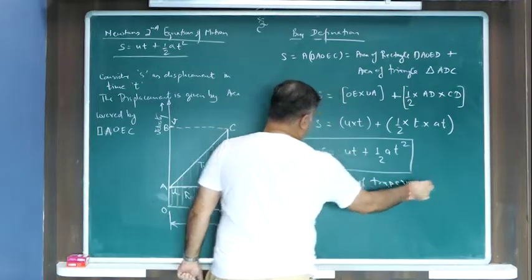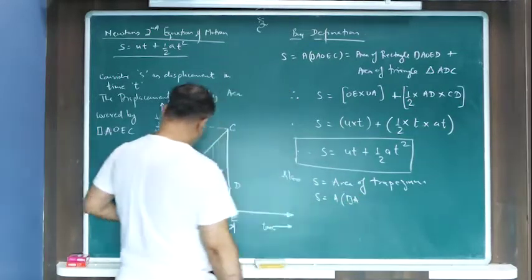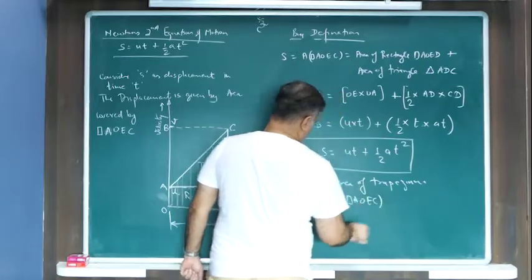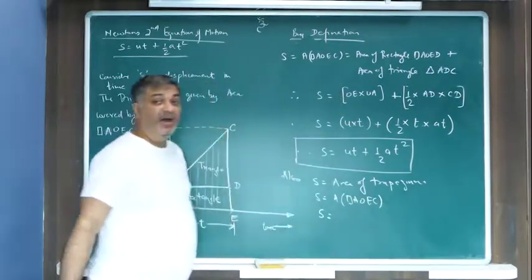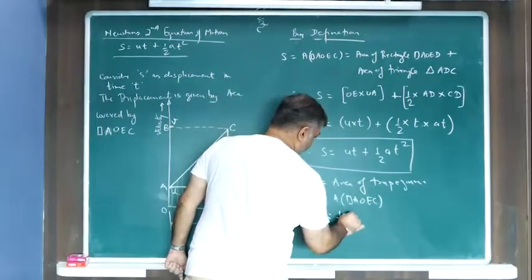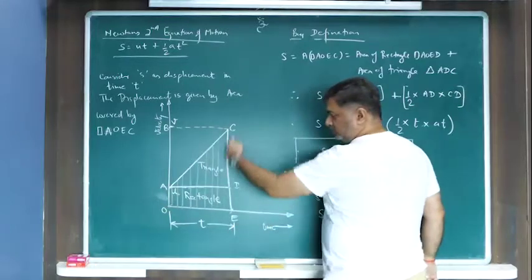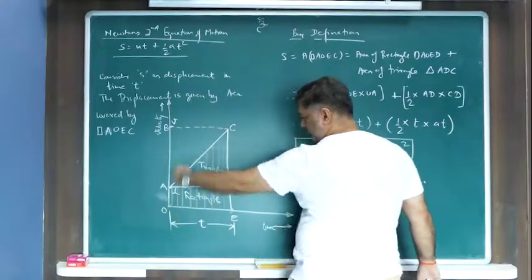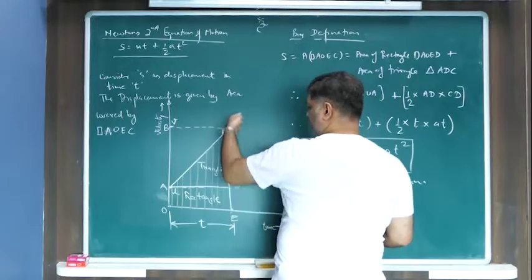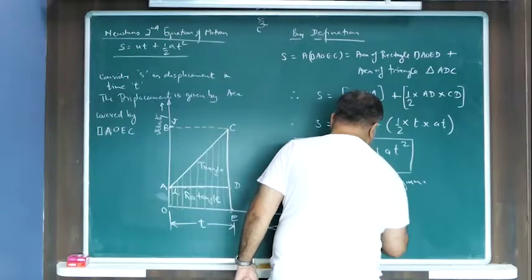Okay, what do you mean by area of trapezium? So S is equal to area of the quadrilateral AOEC. Now, what is area of a trapezium? Half into sum of parallel sides into height. So half into sum of parallel sides. Parallel sides are who? OA plus CE. So these are the parallel sides.